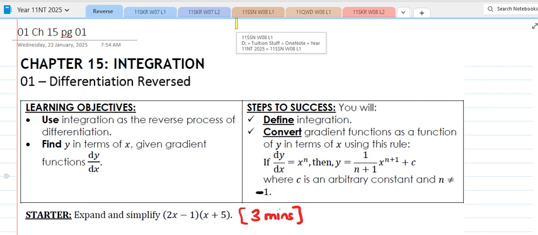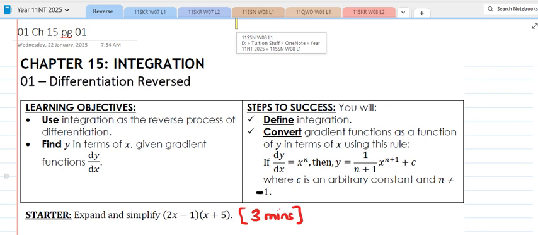If dy/dx equals x to the power of n, then y equals 1 over n plus 1, multiplied with x to the power of n plus 1, plus c, where c is an arbitrary constant and n must not equal negative 1.